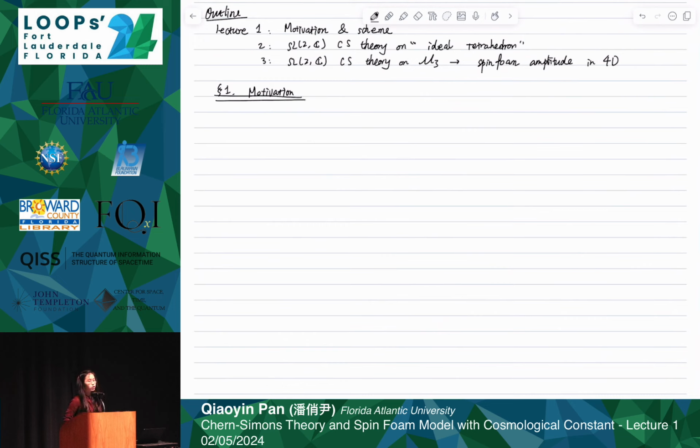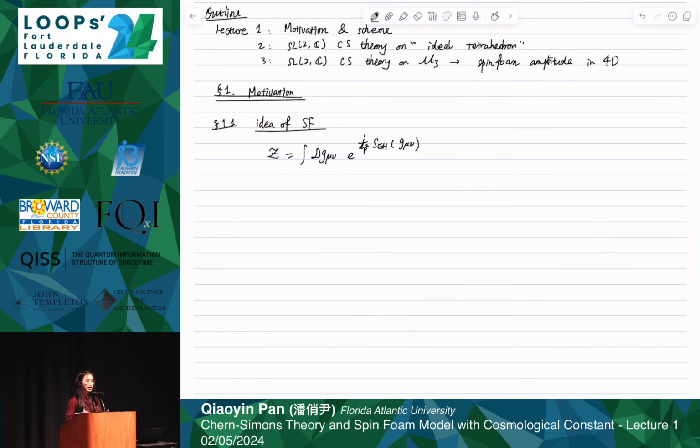Okay, so maybe just very briefly, what is the idea of spin foam? The spin foam is to provide a way to regularize the path integral of gravity. Formally, we write a path integral of gravity with the integration for the metric, that's the degrees of freedom, and the exponential of i over Planck length squared times the Einstein-Hilbert action, which is a function of the metric.